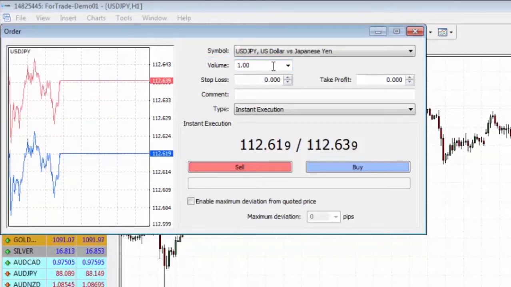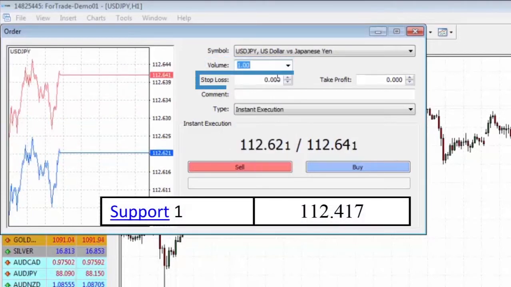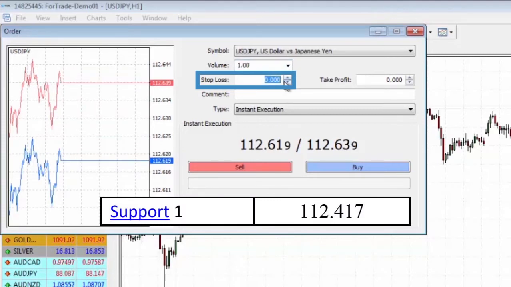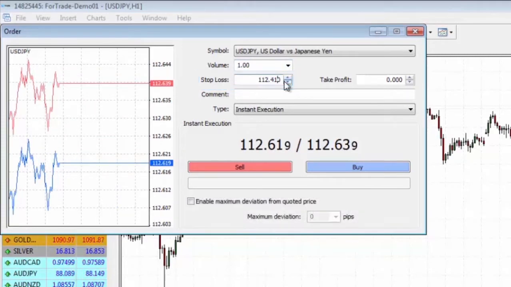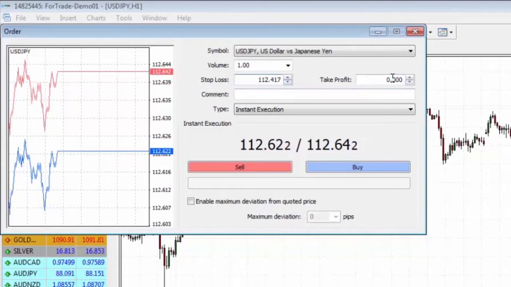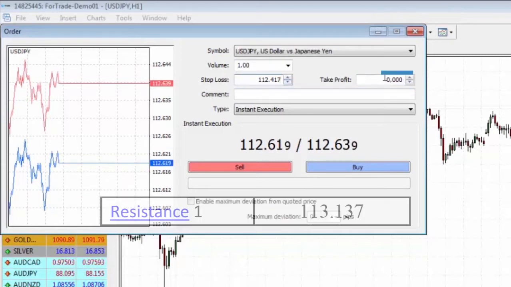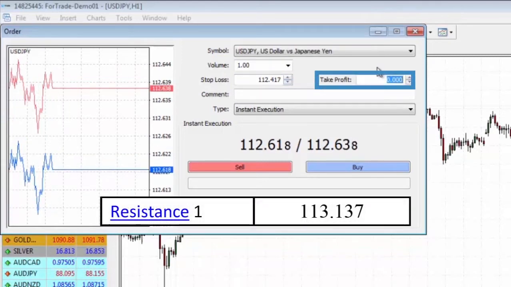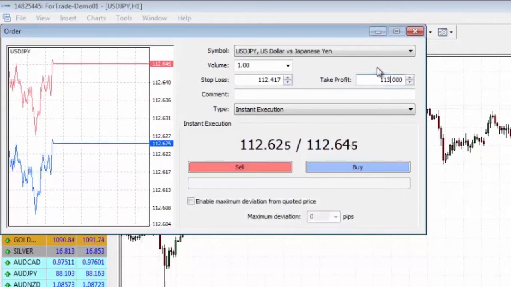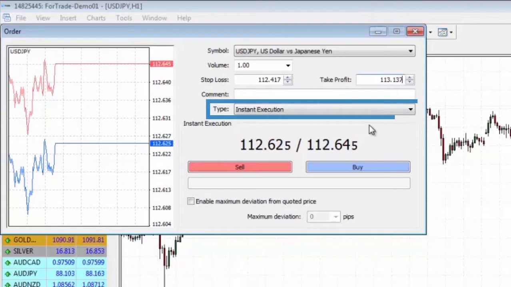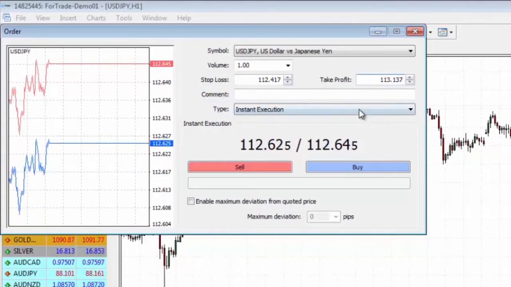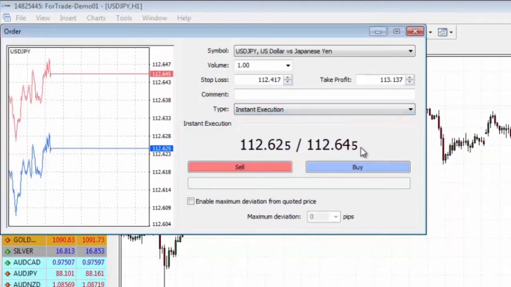Next, we will set the stop loss level. And then the take profit level. If the current price is very close to our entry point, we will choose the default type, instant execution.